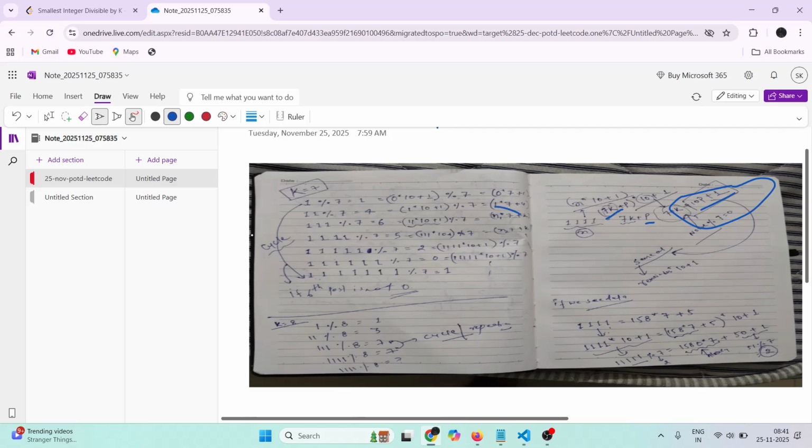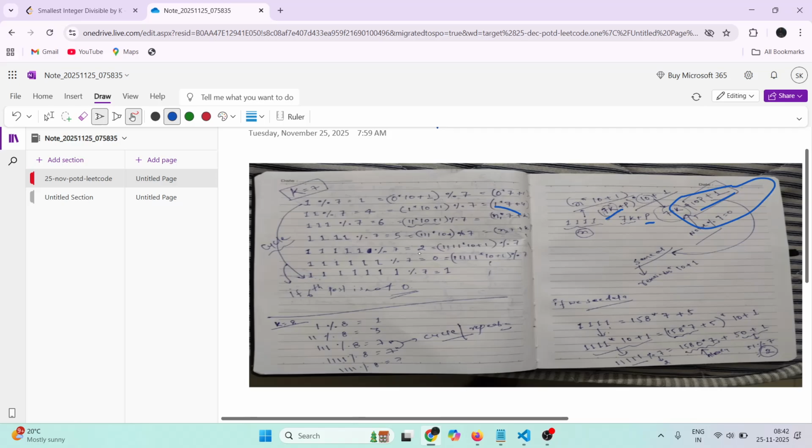So we just keep the remainder and make that into 10 plus 1, because the rest is already divisible by 7. If we multiply by 10 also, it is still going to be divisible by 7. We are just carrying it, and that is of no use now.